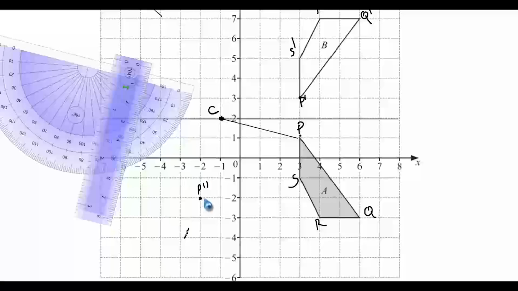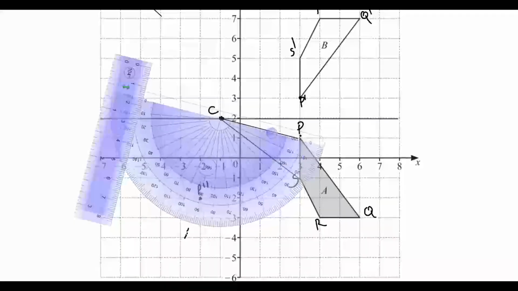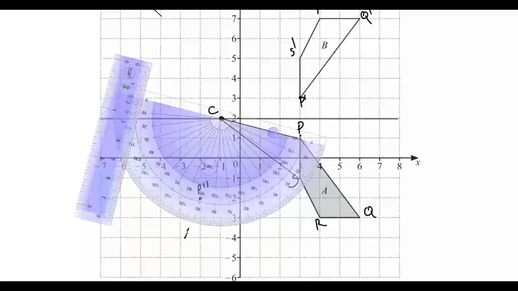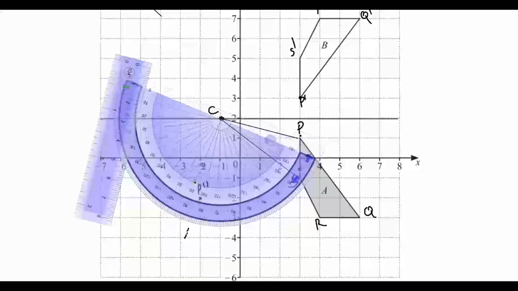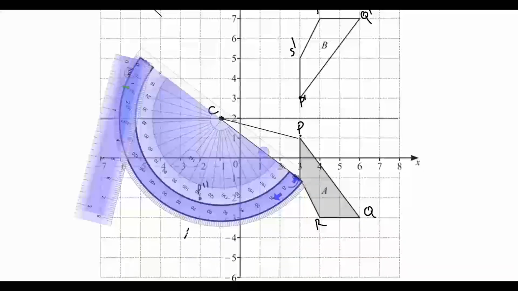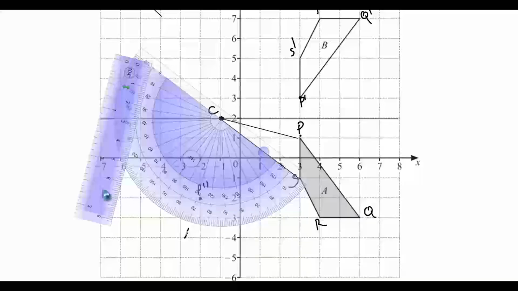So we need to do the same thing for the other points. Let's draw a line to point S from the center of rotation. You have this here. Then we'll place the protractor there to measure the angle. Center of the protractor at the center of rotation, then 0 on point S rather. So you set it very well. Then the 90 degrees will be somewhere around here. That's 90 degrees.